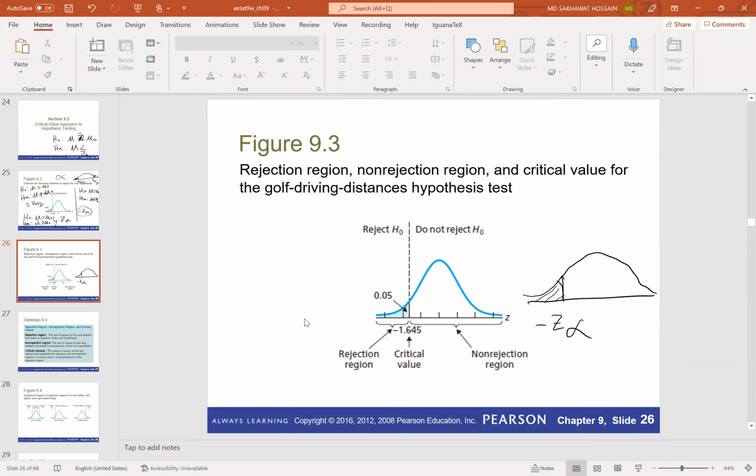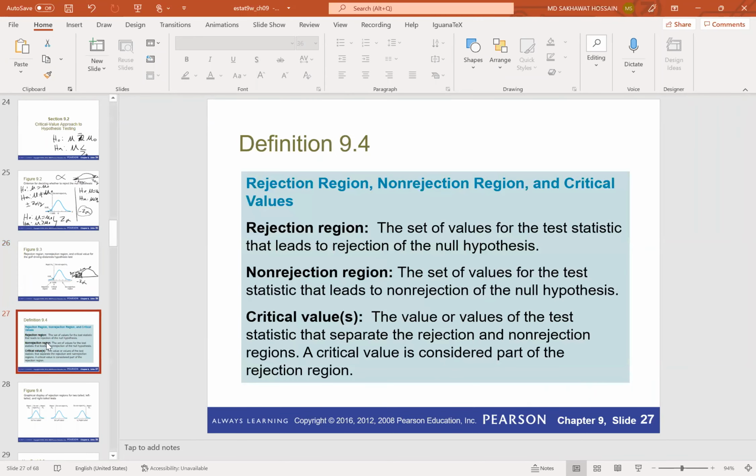The region on the left side of this critical value is called the rejection region. And this one is the non-rejection region, where we do not reject if our test statistic falls in this region. So this is the critical value.